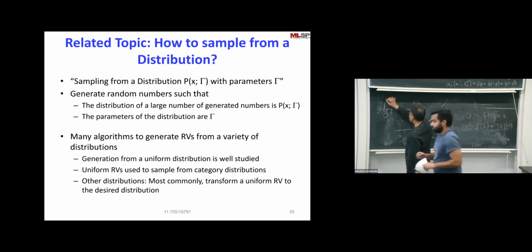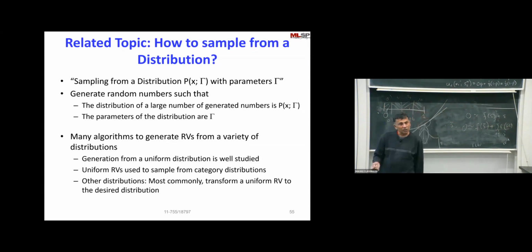So this width is 0.1, this width is 0.2, this width is 0.3, and this width is 0.4. Now if I generate a uniform random number, the probability that it's going to fall in the fourth bin is 0.4, right? So if it falls in the fourth bin, I'm going to call it 4. If it falls in the third bin, I'm going to call it 3. If it falls in the second bin, I'm going to call it 2.